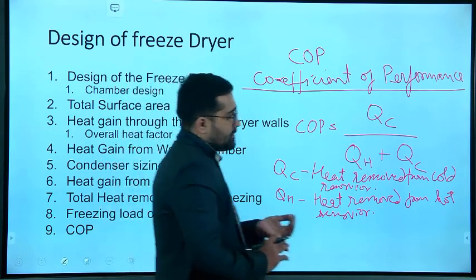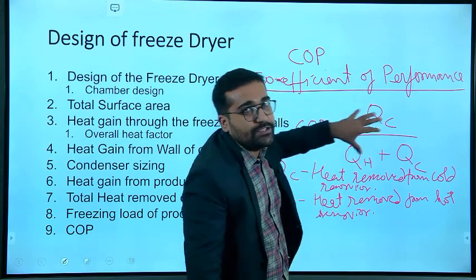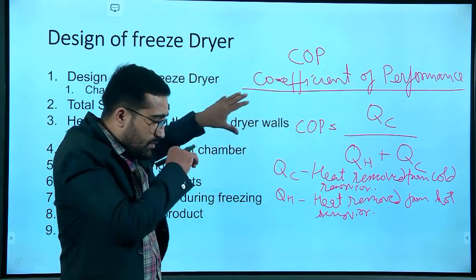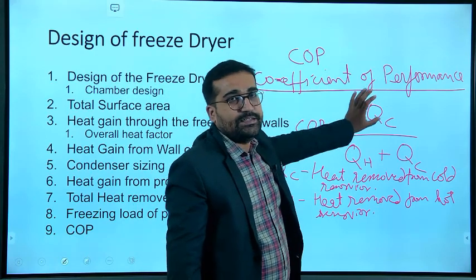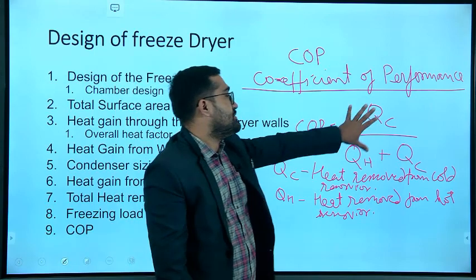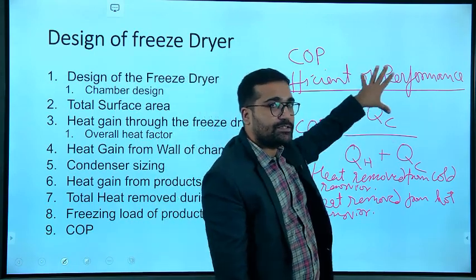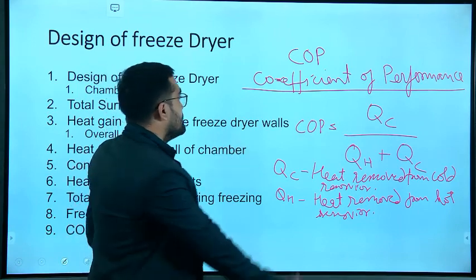QC is the refrigerator in our system. QH is the heat pump, which is the condenser inside our system. So how much heat is removed from both sides is the formula for this COP.